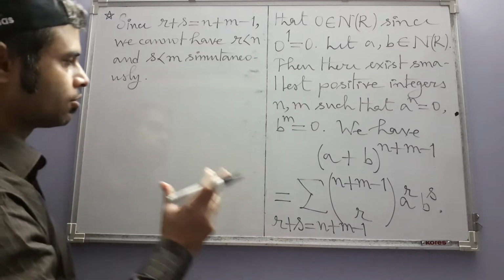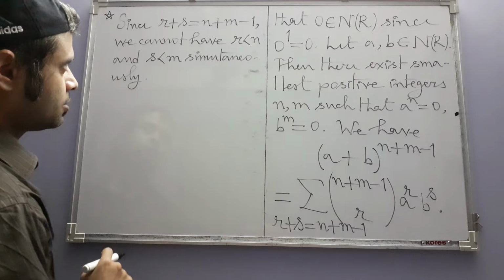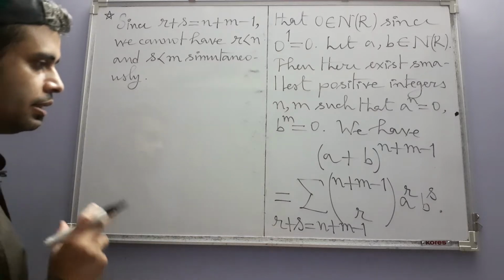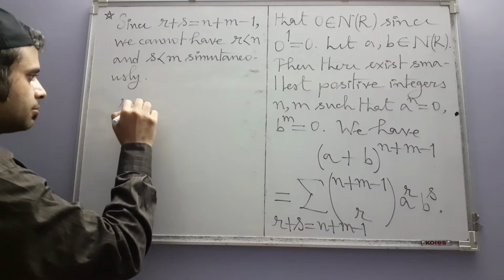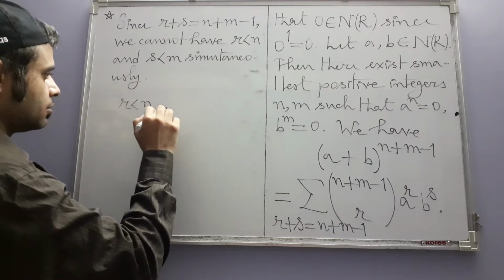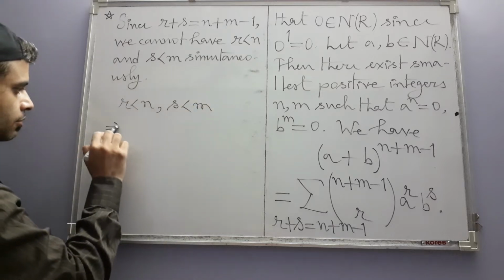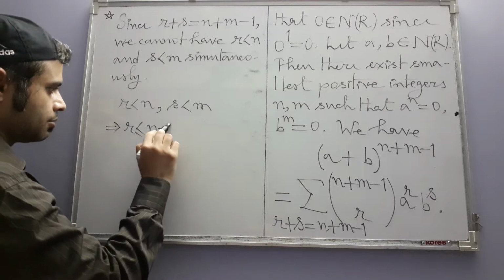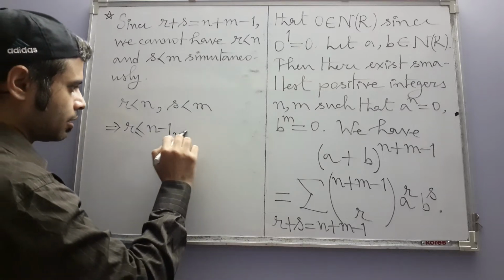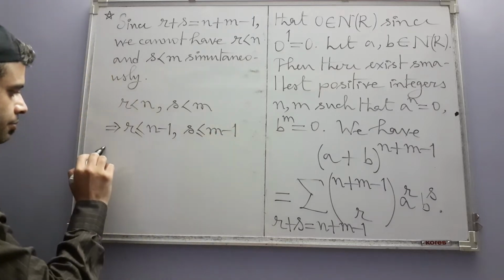Why? What would go wrong if we have both these things true? Because we are dealing with integers, if r is less than n and s is less than m, then you also have r less than or equal to n minus 1 and s less than or equal to m minus 1.